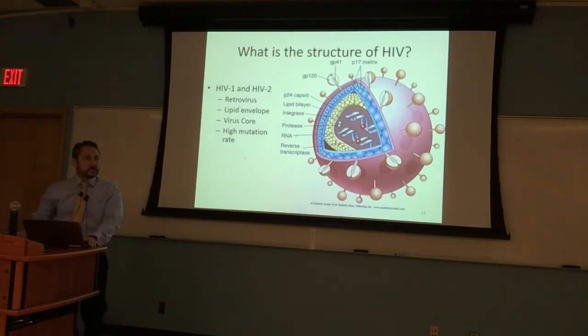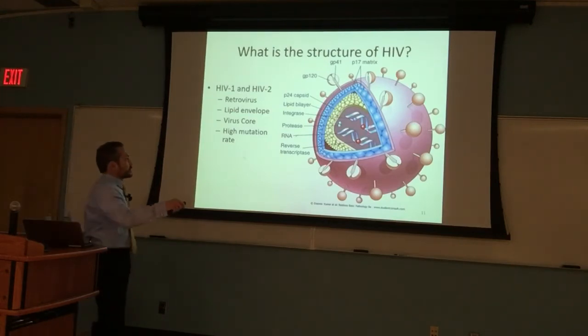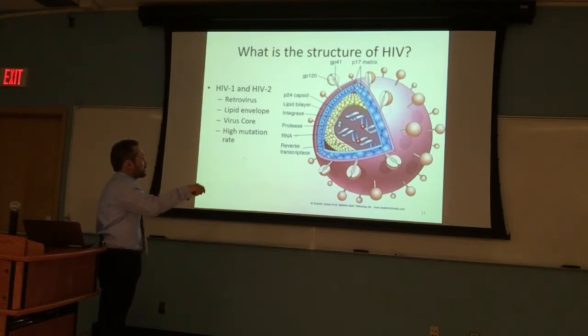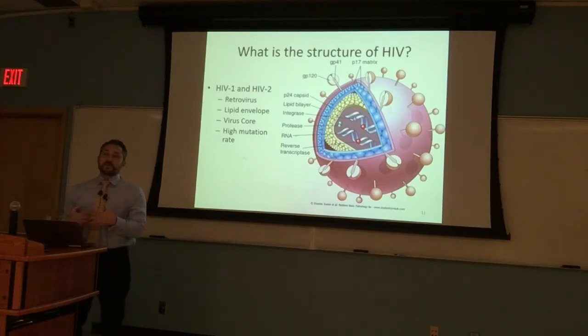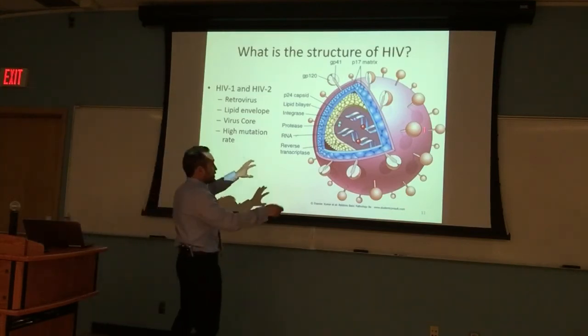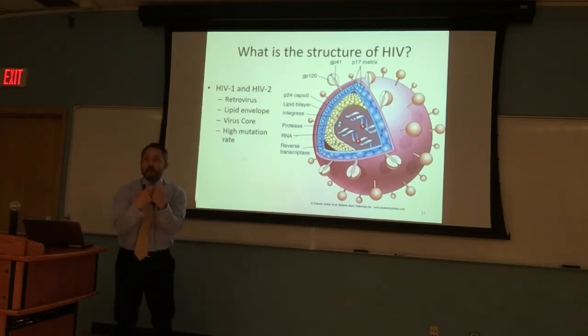The lipid envelope that we're talking about here comes from the host. So the P24 and the P17 is part of the virus capsid itself, and then it envelops with a host lipid envelope, and that's actually one of the ways that it hides from the body, right? It hides from your immune system, is the outer covering is like a cloak.